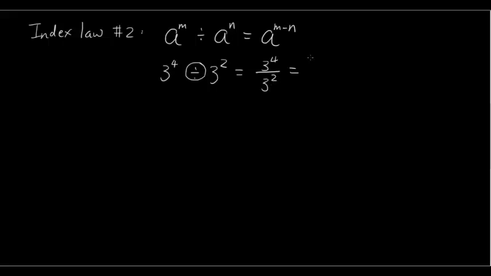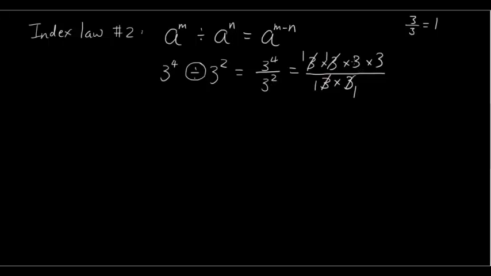Now 3 to the power of 4 is 3 times 3 times 3 times 3. 3 to the power of 2 is 3 times 3. Now anytime we have a number divided by itself, it cancels down to 1, right? If you remember, 3 divided by 3 is 1, so we can write 1 there.